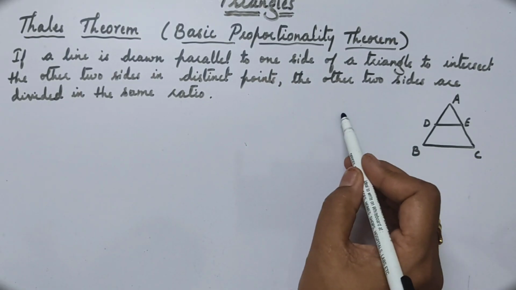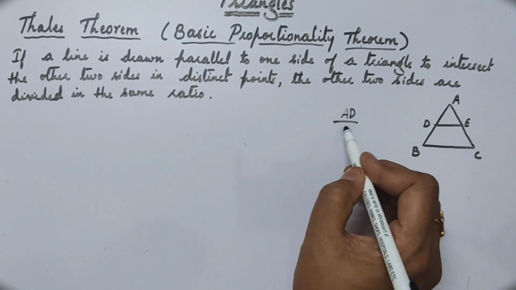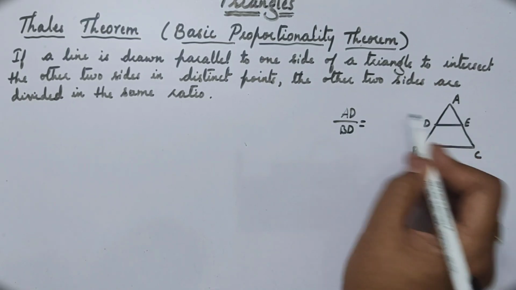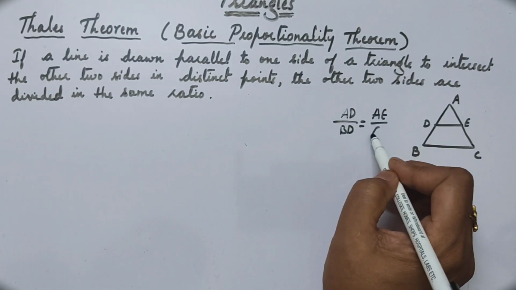Let's say the same ratio is AD by BD equals AE by EC.